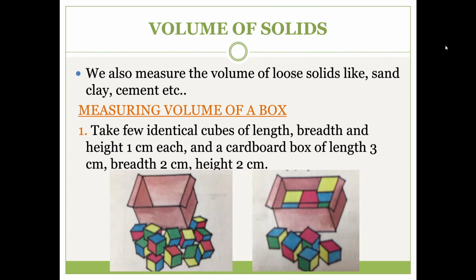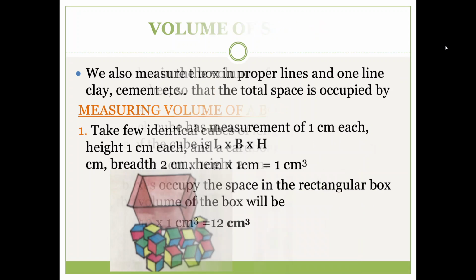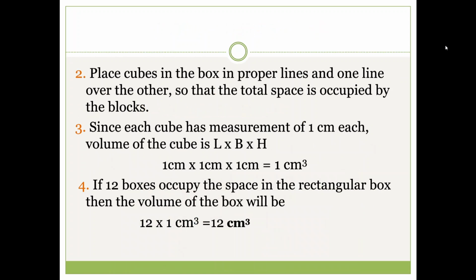Take a few identical cubes of length, breadth and height 1 cm each and a cardboard box of length 3 cm, breadth 2 cm and height 2 cm. Place cubes in the box in proper lines and one line over the other so that the total space is occupied by the blocks.